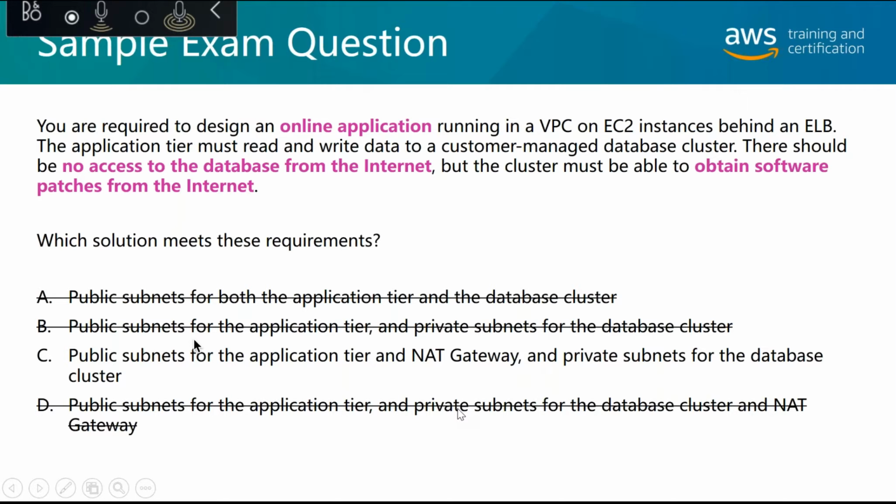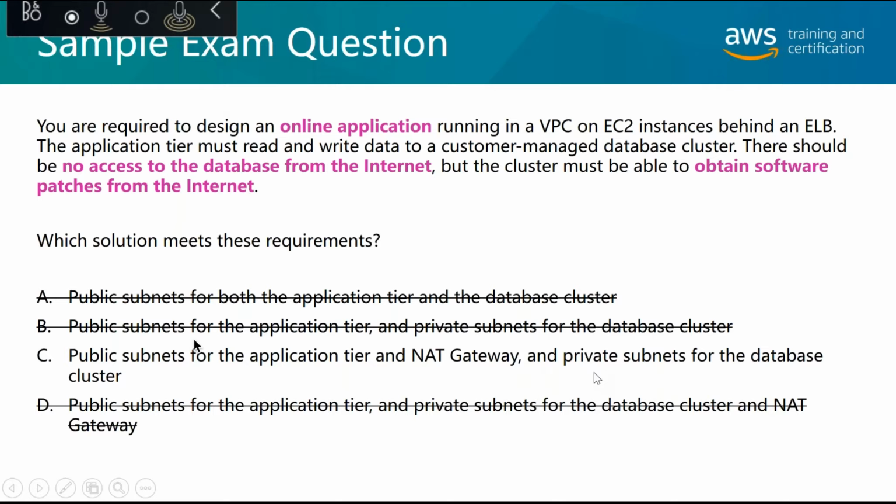So I never want the NAT gateway to be in the private subnet. That eliminates option D for sure. My database is going to be in the private subnet. Now, I could have put my app tier also in a private subnet and just put the NAT. So in this case, my only choice left, because everything else here is public subnet, is public subnet with the app tier and NAT gateway, and then private subnet for the database cluster.